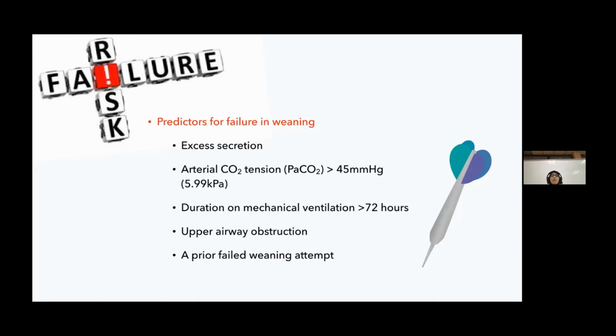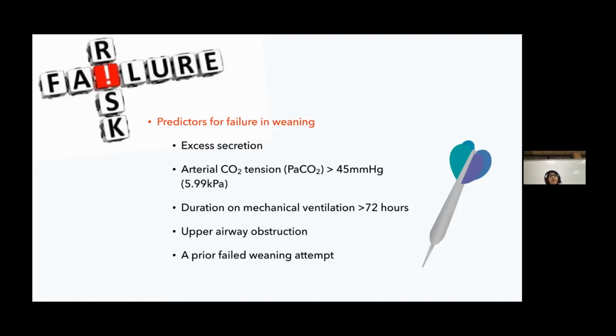You can perform weaning later in ICU. Or if the patient has upper airway obstruction, please avoid this. Or a prior failed weaning attempt, meaning that we already did SBT, the parameters worsened, and the patient failed SBT. Then the chances of developing a second failure of weaning is very high.